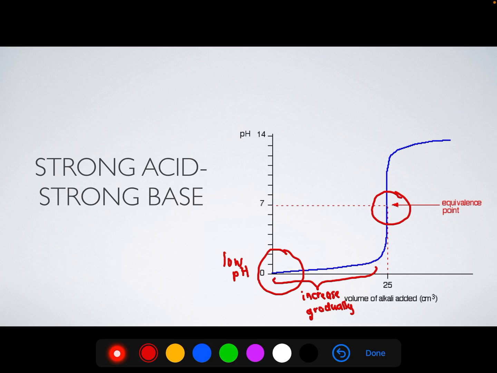Okay, so usually for strong acid and strong base, when the number of moles of H+ and the number of moles of OH- is equal, therefore inside the conical flask now is only neutral salt.